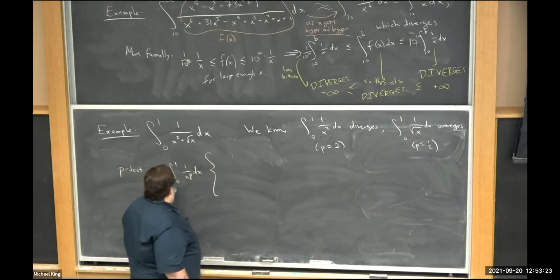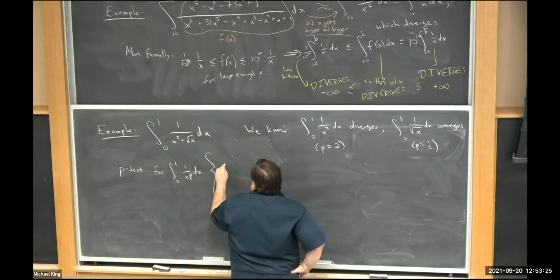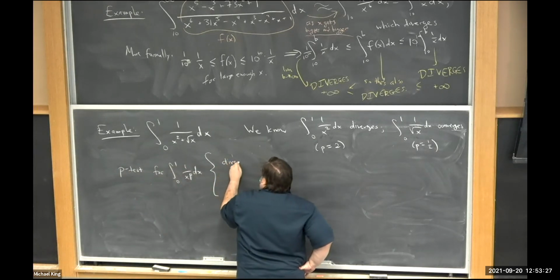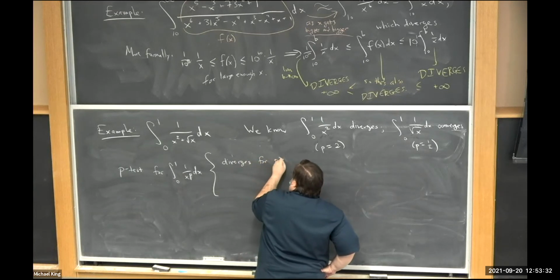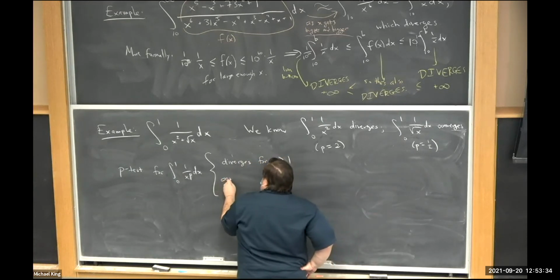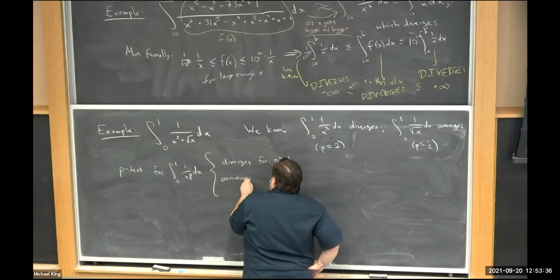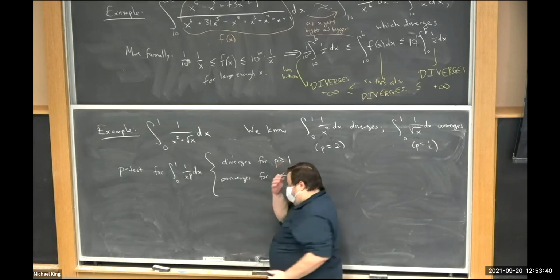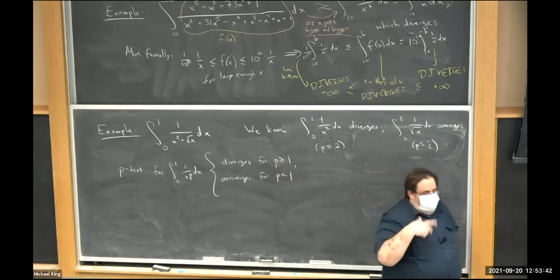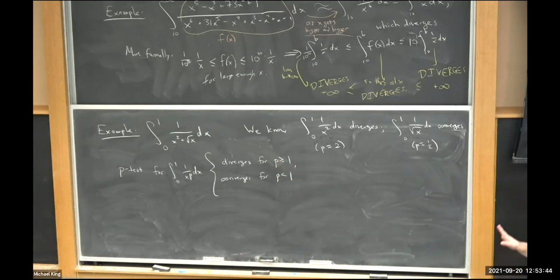And so here it flips from the 1 to infinity situation: this diverges for p greater than or equal to 1, and it converges for p less than 1. I think I wrote this on the board last class quickly without doing it. But you should do these examples out.